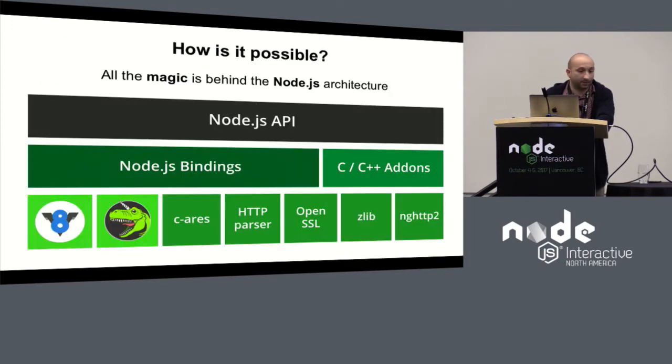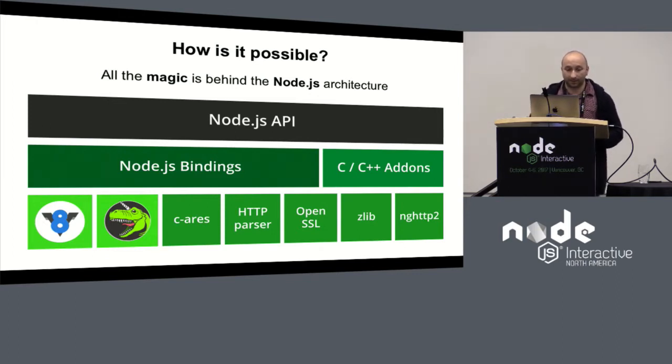How is it possible? All the magic is behind the Node.js architecture. Node.js is built on some C++ libraries. Among them, the most important for us as native add-on developers are V8 and libuv.